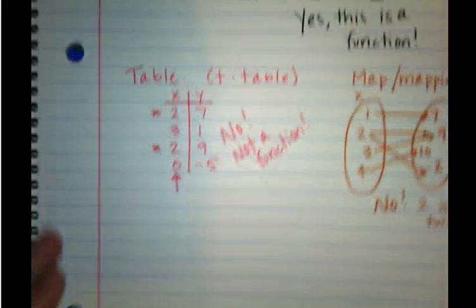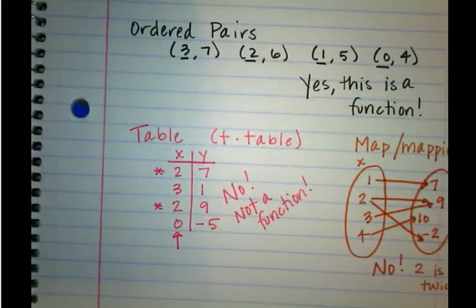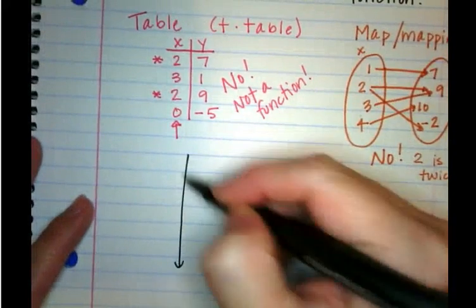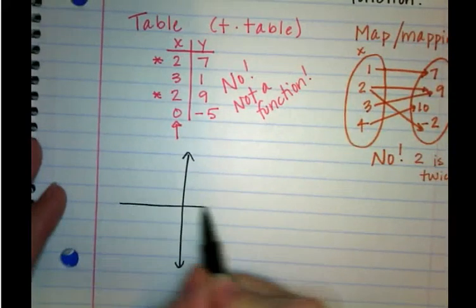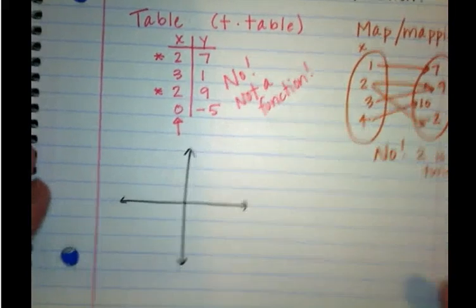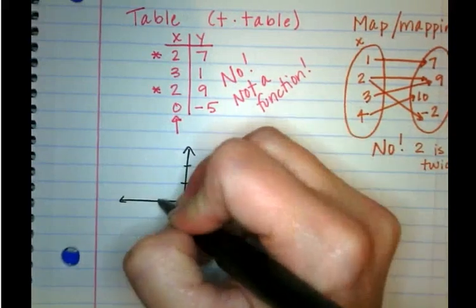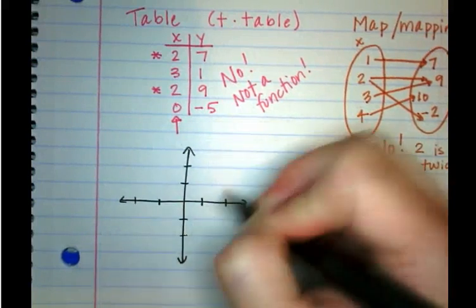All right, the last way that we could show a function is on the graph. And obviously what we would do there would be to plot some points. So let's see, we'll just sketch a little graph here.